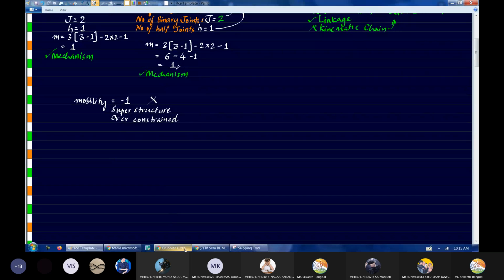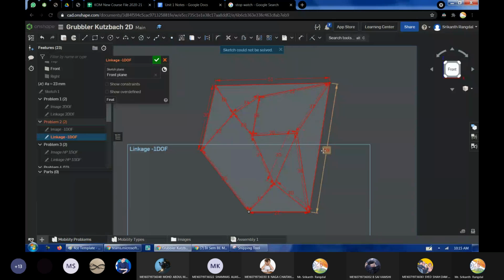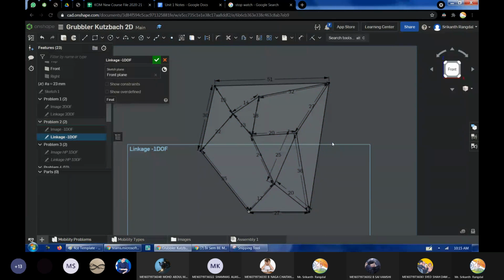What is the reason for that? The reason is that some of the dimensions are fighting with each other. Let me delete one of the dimensions to show you. This is dimension 59. I'm deleting this. As soon as I delete that, you can see the diagram has become black. The black diagram means it is completely constrained.